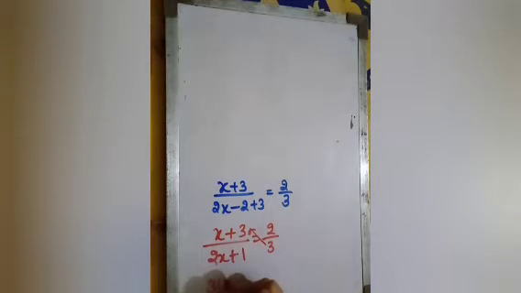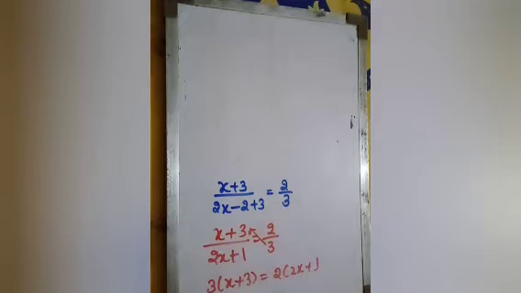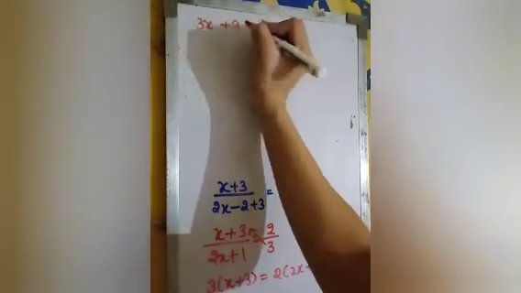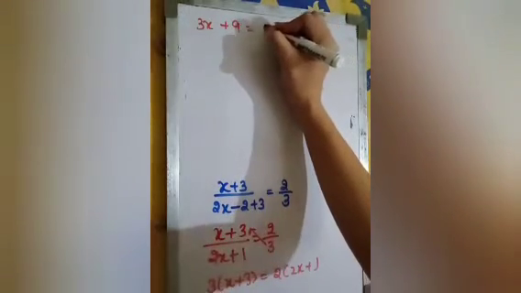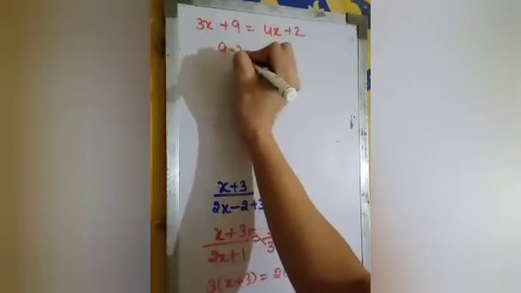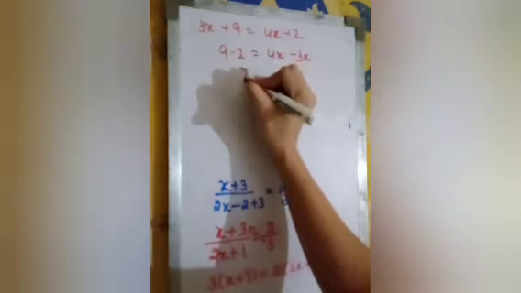It is 3 into x plus 3, equals 2 into 2x plus 1. 3x plus 9 equals to 4x plus 2. 9 minus 2, 4x minus 3x. It is 7 equals to x.